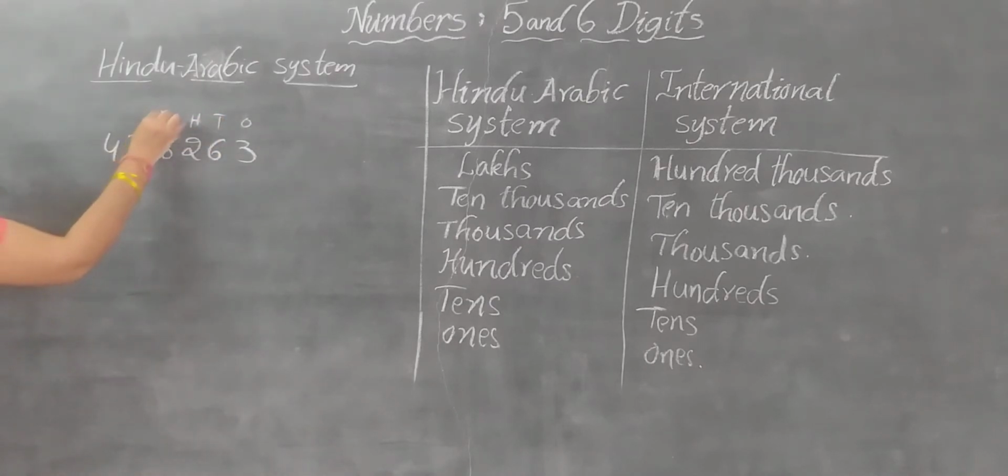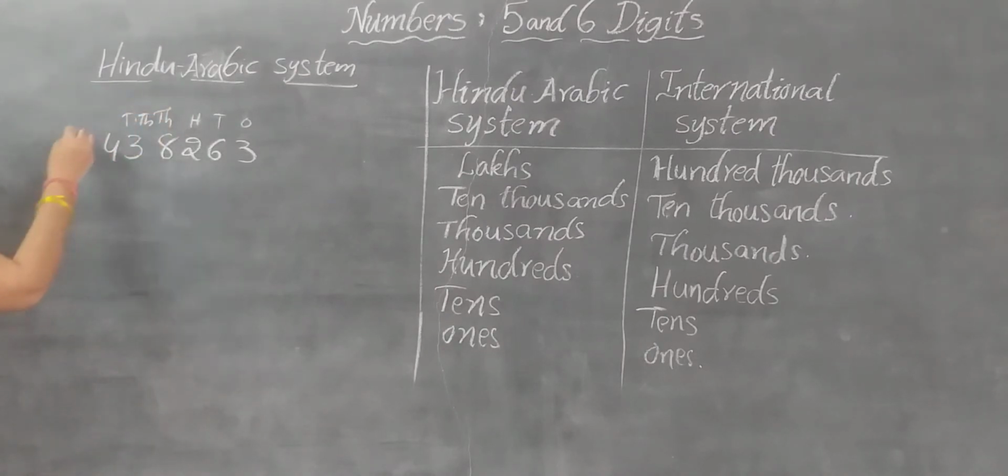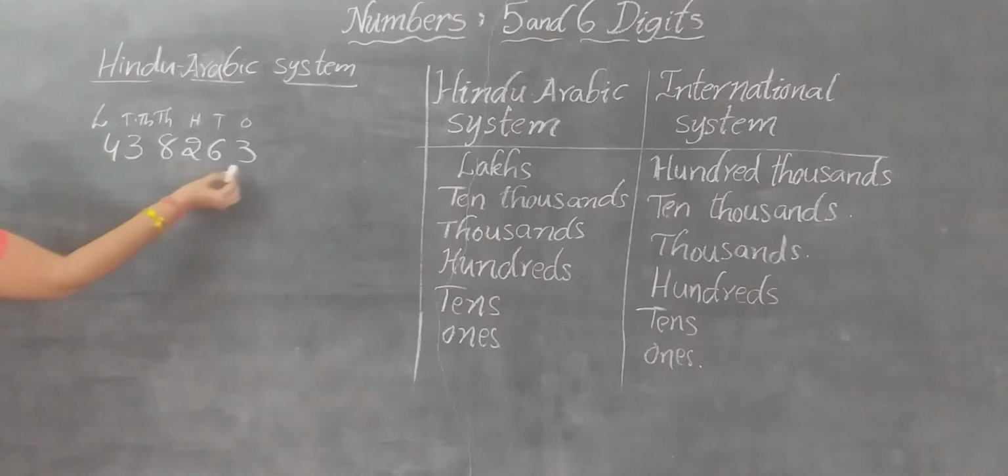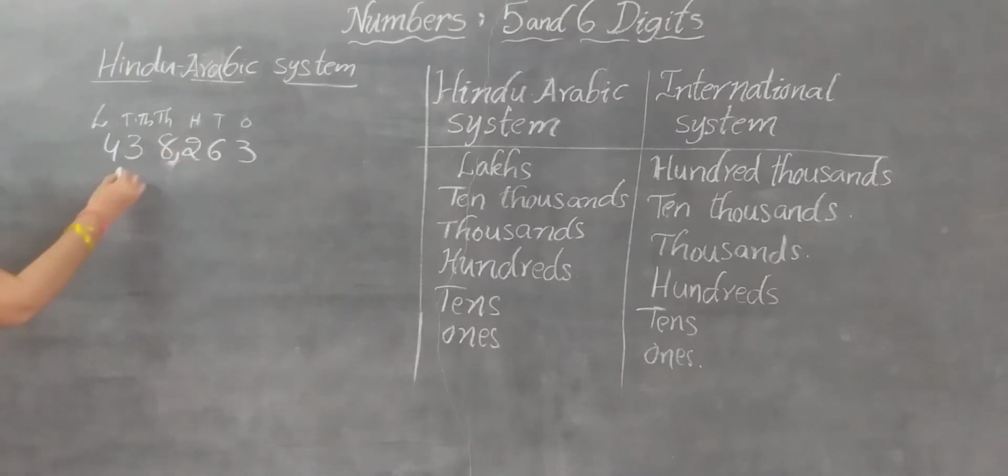After that, thousands place. After that, 10,000s place. After that, lakhs place. Because it is the Hindu-Arabic system, this is the lakhs place. First, we keep a comma near the hundreds place. After that, between two digits we keep a comma.